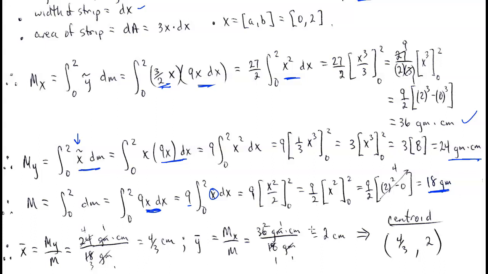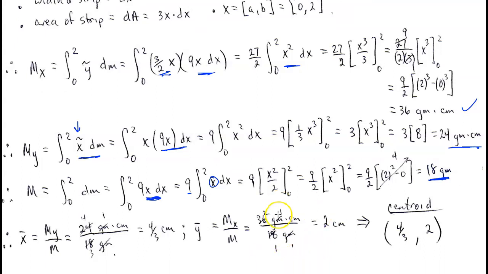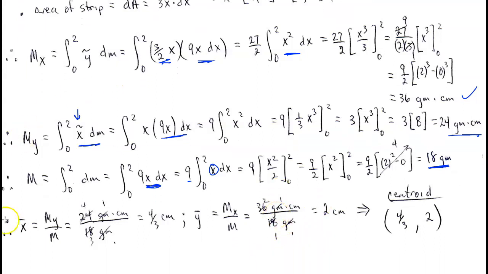Okay. And so now that we have all that information here, we remember that x bar, which is the x coordinate for the centroid for the entire plate, is just going to be the moment about y divided by m. The y coordinate for the centroid, or the center of mass for our plate, is just going to be the moment about x divided by m.